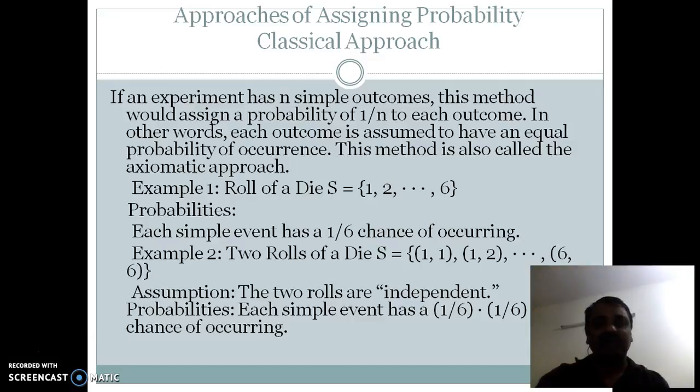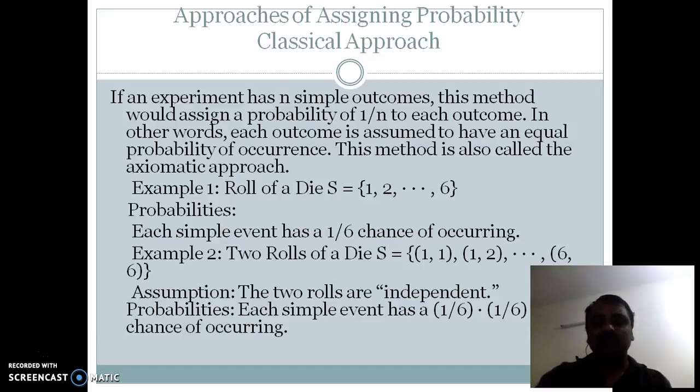Let's see the classical approach first. If an experiment has n simple outcomes, this method would assign a probability of 1/n to each outcome. In other words, each outcome is assumed to have an equal probability of occurrence.